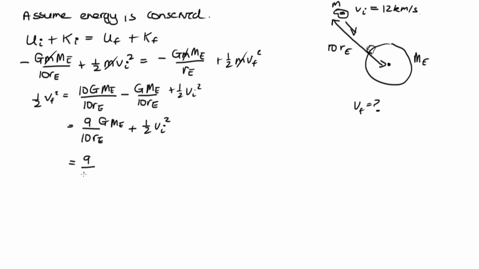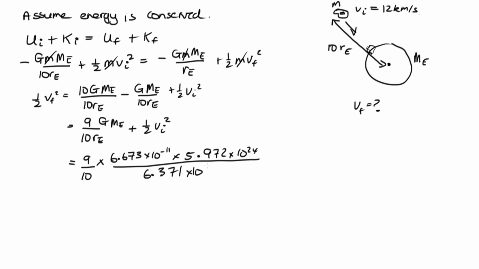So we've got 9 over 10 times G, which is 6.673 times 10 to the minus 11, times the mass of our Earth, which is 5.972 times 10 to the 24, all over the radius of the Earth, which is 6.371 times 10 to the 6, plus a half times.